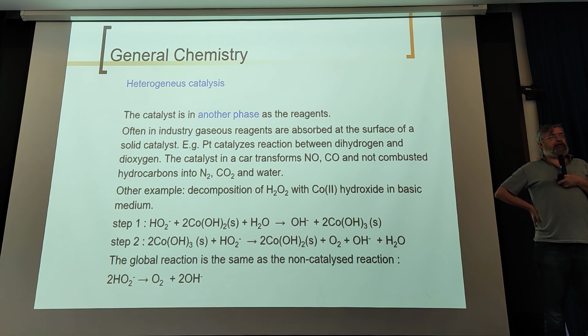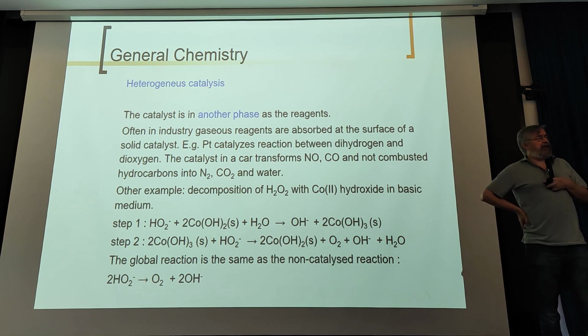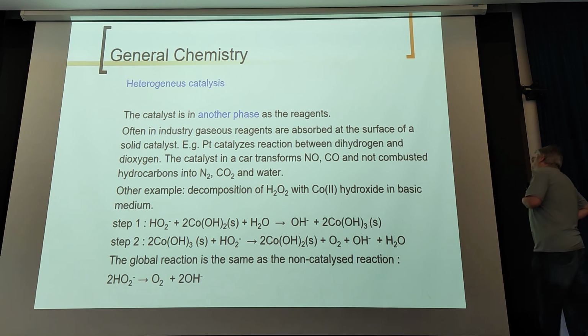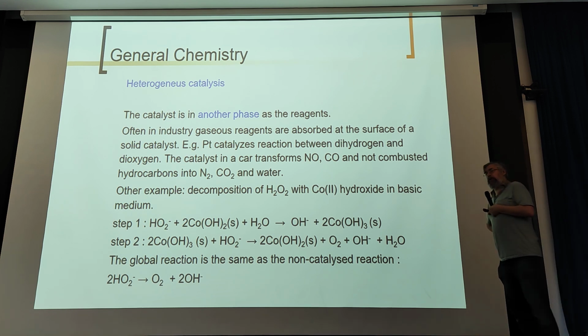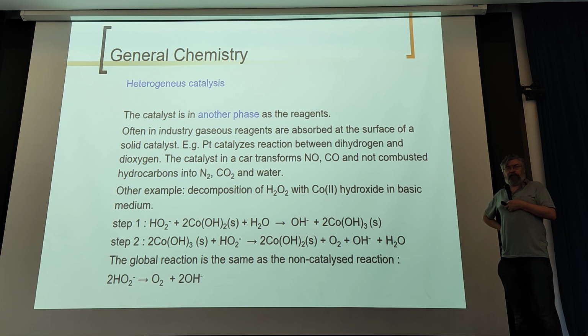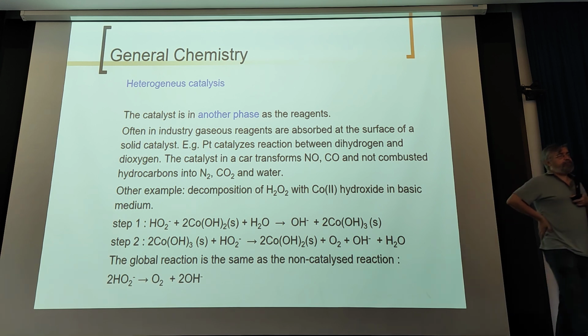And what do they catalyze? Well, they catalyze the transformation of dangerous gases, like nitrogen oxides, carbon monoxide, and any fuel that would not have been completely oxidized.